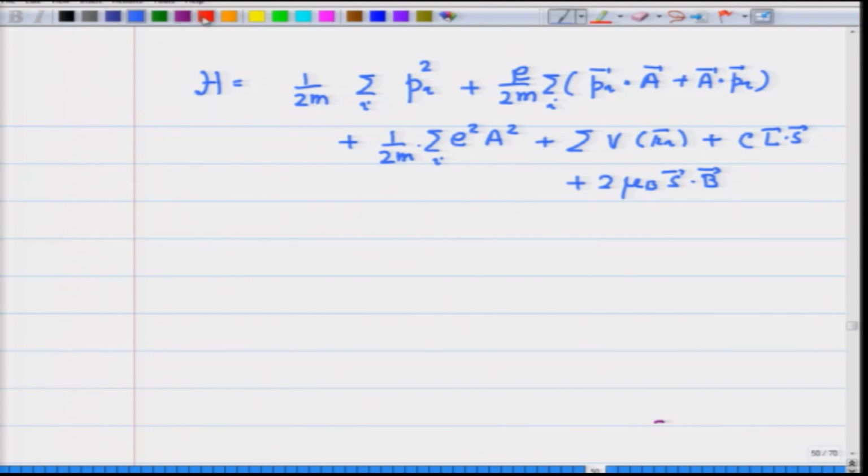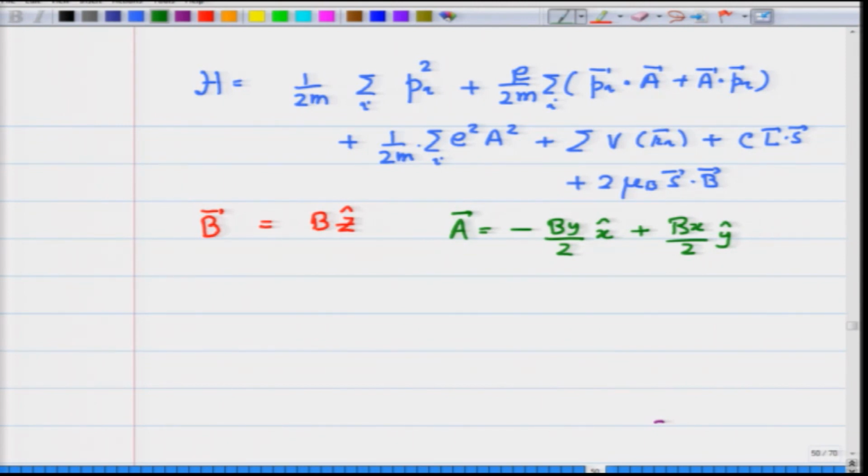Now, I take the B field in the z direction, and in that case you can easily show that the vector potential I can write in the form A equals minus By/2 in the x direction plus Bx/2 in the y direction. There are other ways you can write it, because A cannot be defined uniquely, but I choose this particular way of writing it.